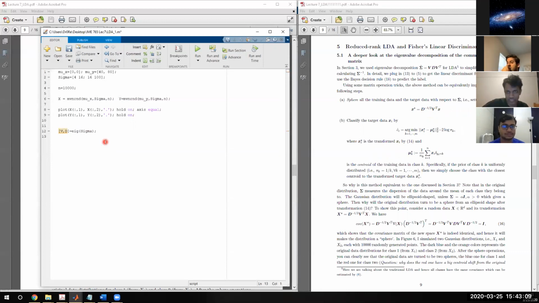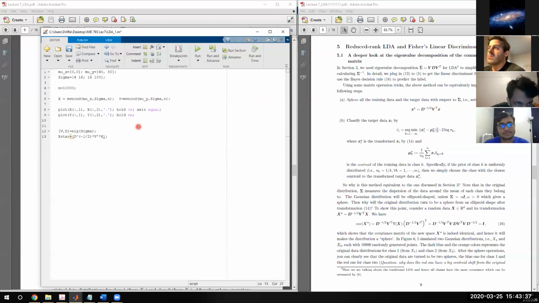And then after getting the eigenvalue decomposition, to make my life easier, I'm going to have two classes here. One is x star, one is y star, okay? So I'm going to have x star equal to this formula, which is D to the power of negative half times V prime, times x.